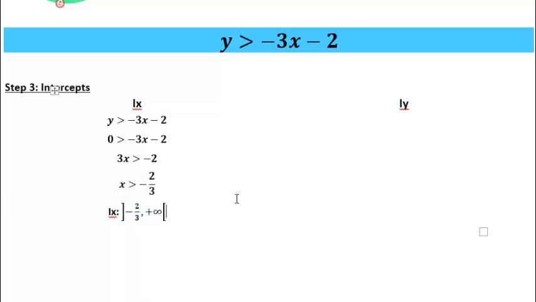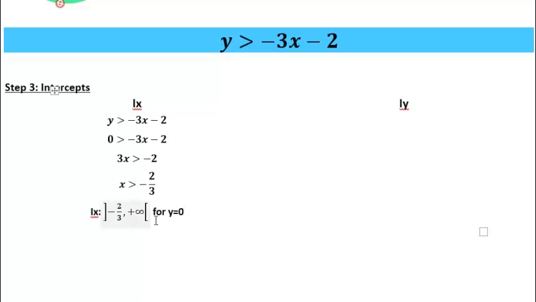You can make the graphic notation drawing and then go to the interval notation if you need the graphic to help you, or you can immediately jump and find the answer in interval notation. Once you put the answer like that, we need to remind the readers that this x-intercept only applies when y equals 0.